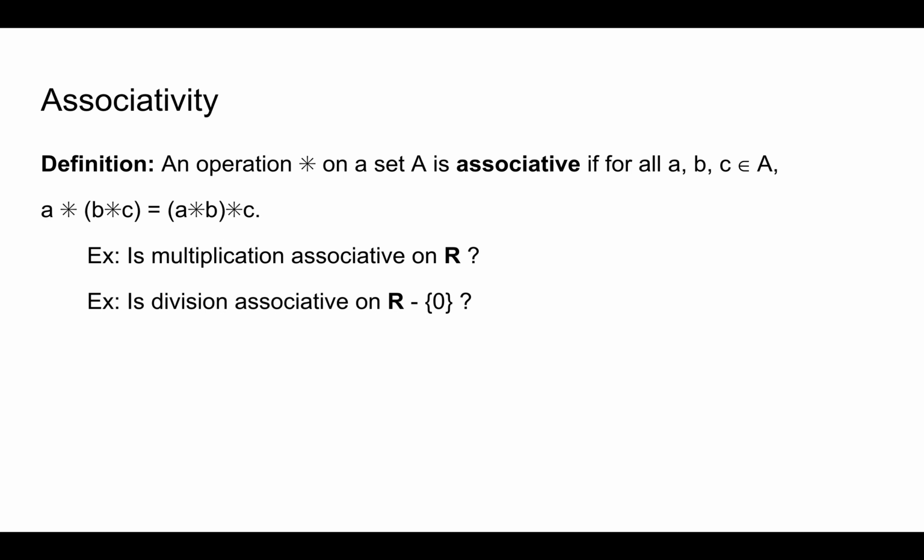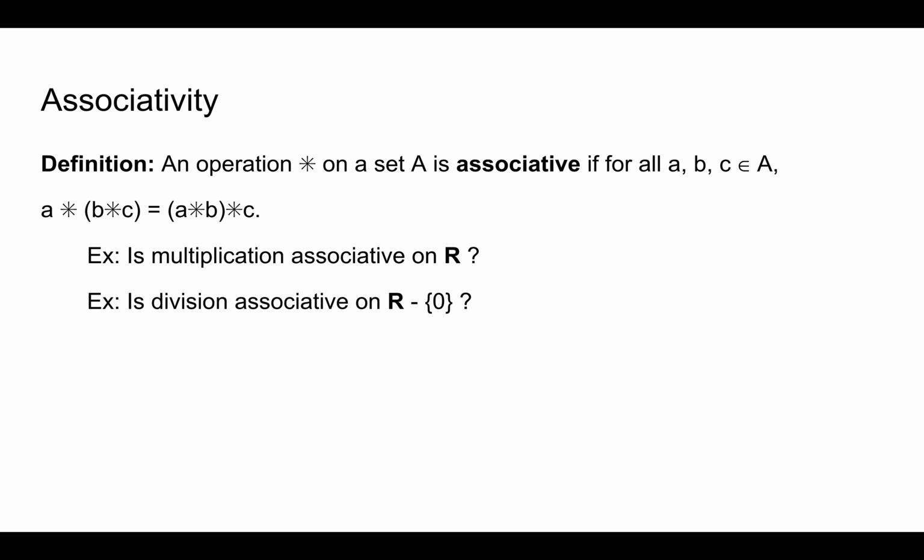If we have parentheses around b star c, that means we're performing that operation first, and then we're operating by a on the left. So I'd like you to think for a moment about each of the following. Is multiplication associative on R, the set of real numbers? And is division associative on R minus 0?